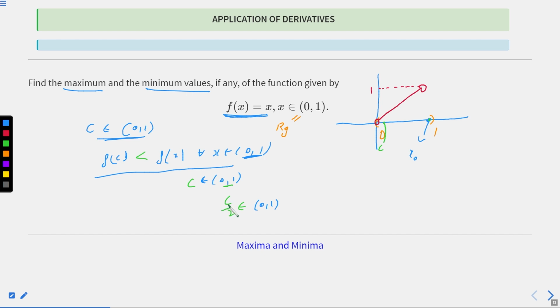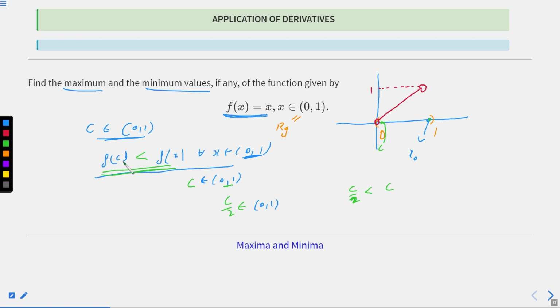This C by 2 will be less than C. So pick any value near 0 and always halve it. This means you cannot have such a C.